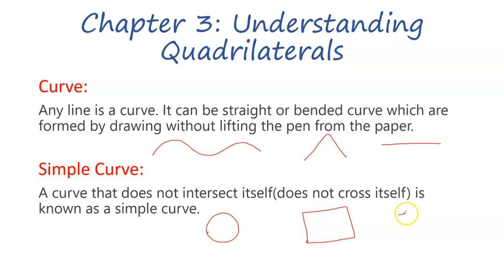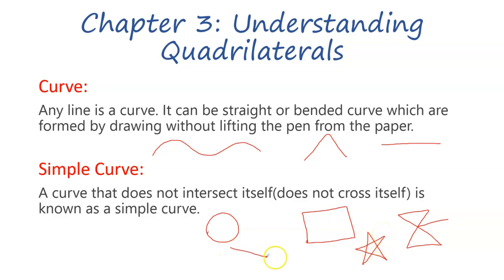For example, if we draw like this, here we have an intersection point, so this is not a simple curve. If we draw a star, here we have multiple intersections, different places where lines cross.